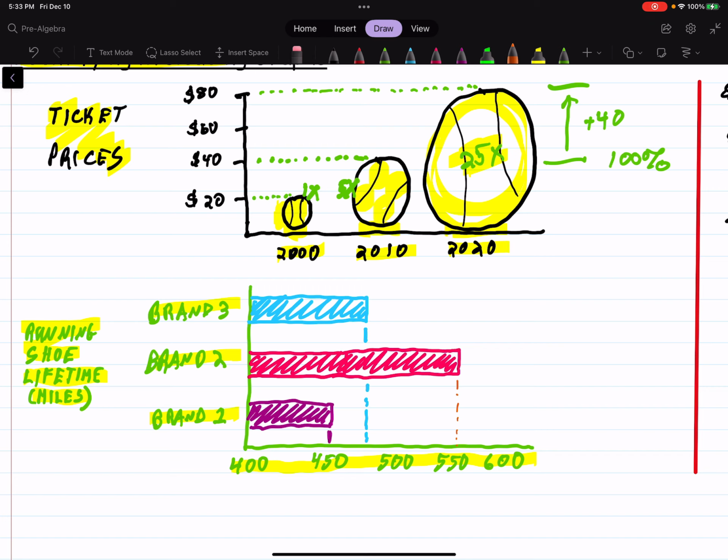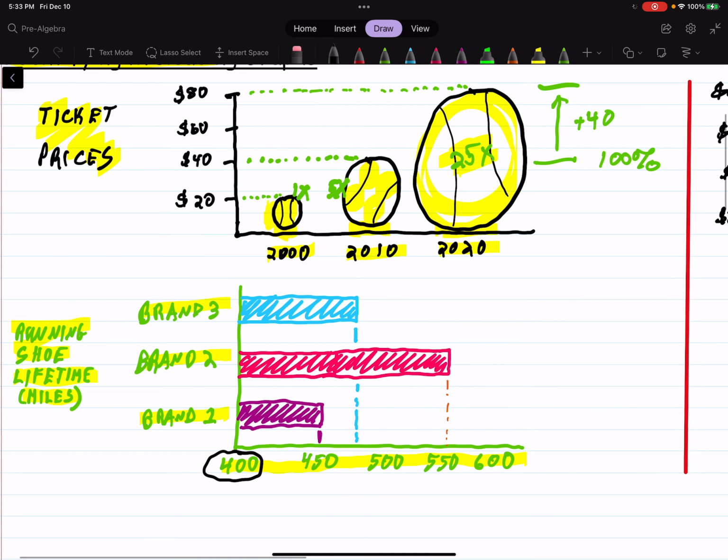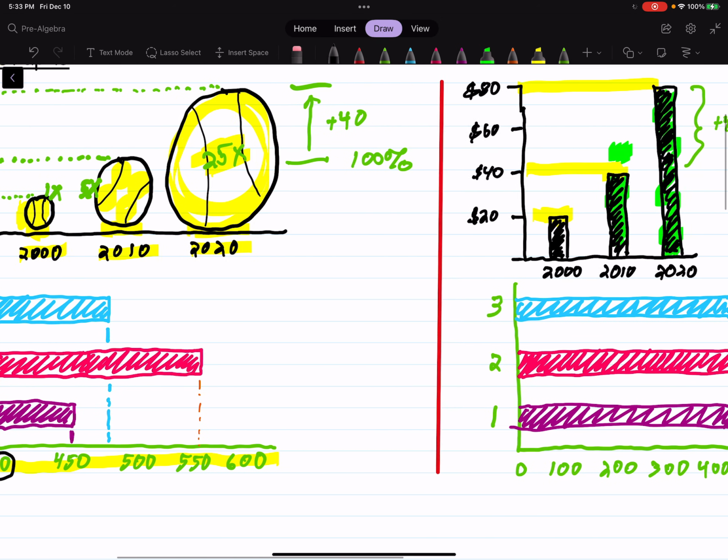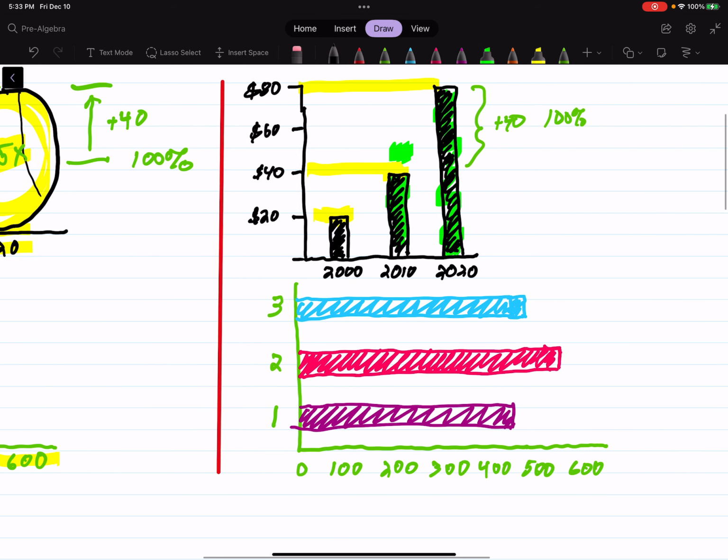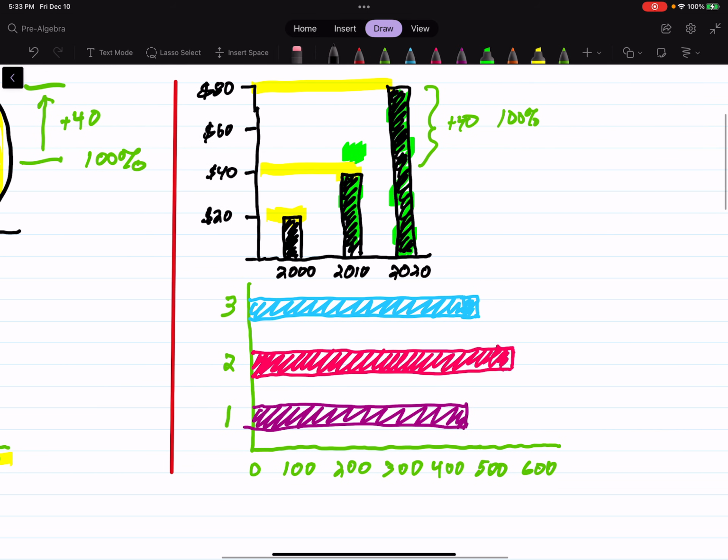But the misleading part of this chart is that they started at 400. Instead of starting at 400, they should show all their data and the whole relationship of the whole data, and that means start at 0. They should have started the bottom part of their chart at 0.